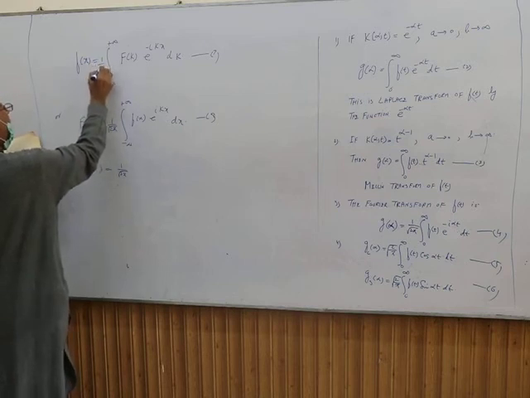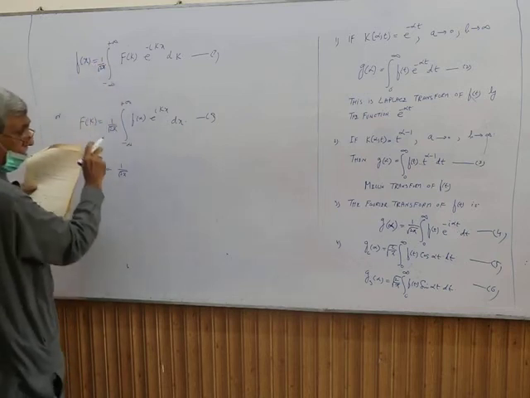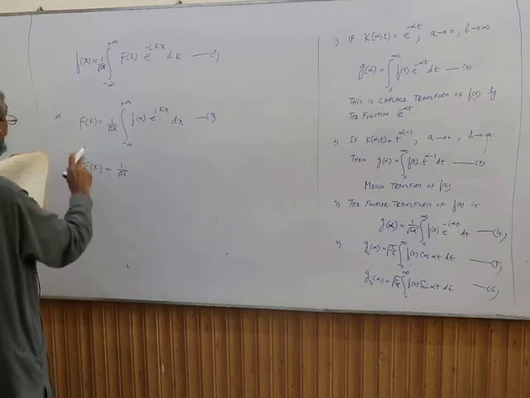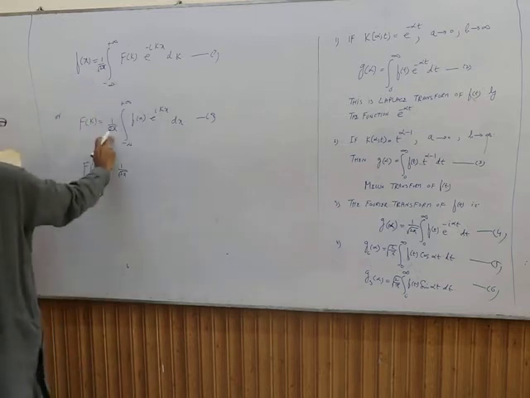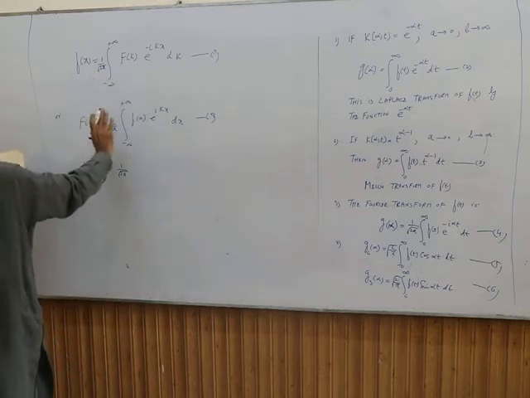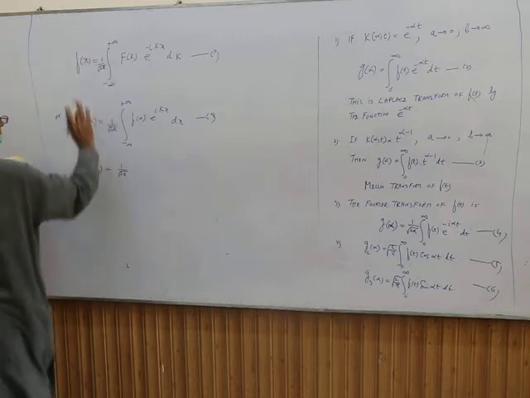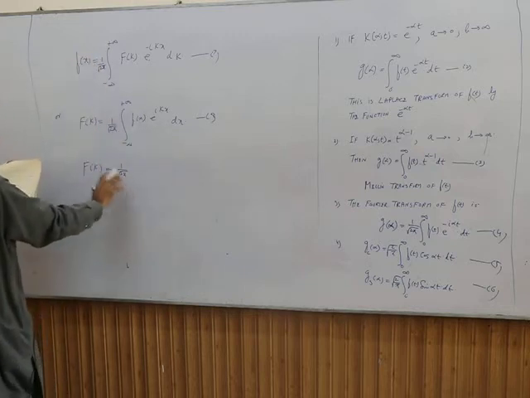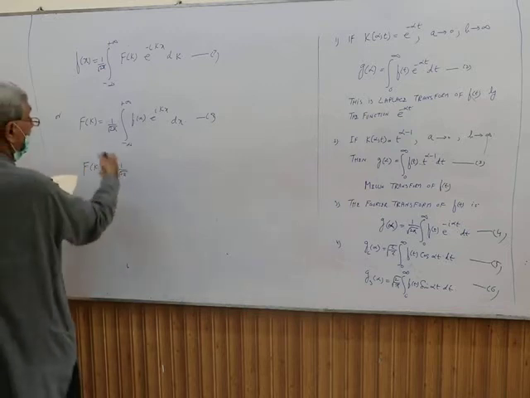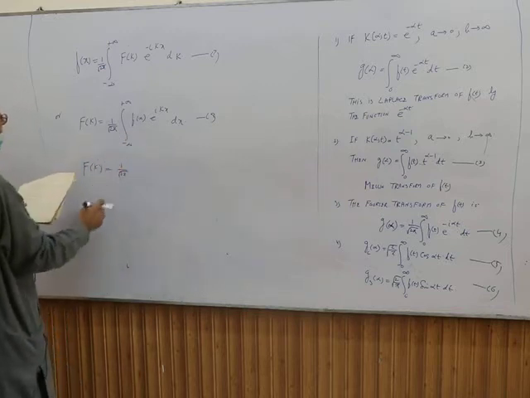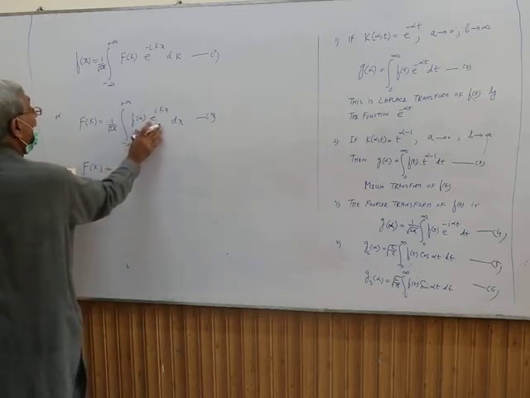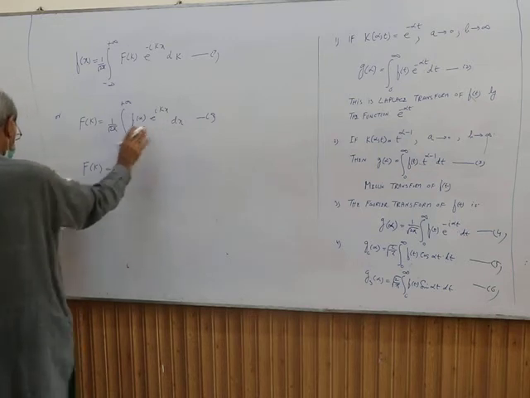Usually it is there, 1 over square root of 2 pi, but its actual content is the kernel where you are going to transform.